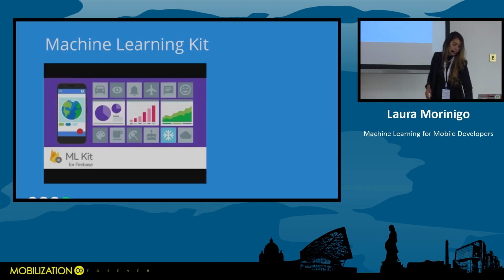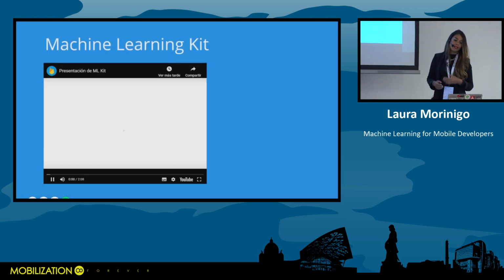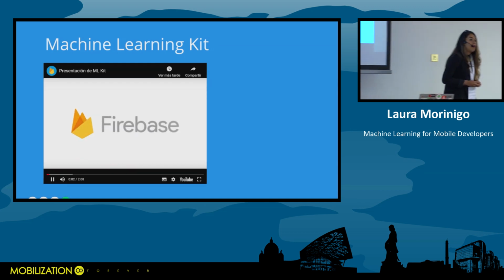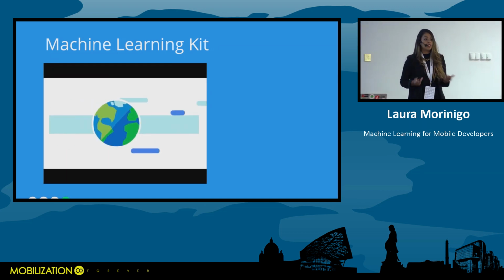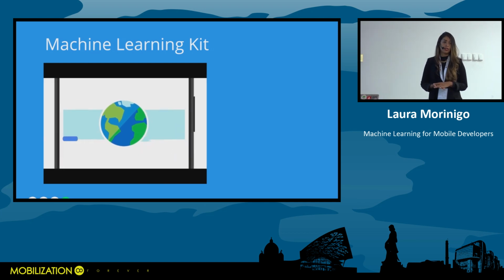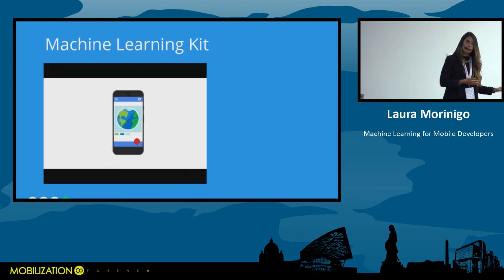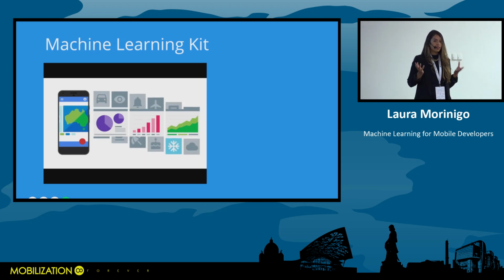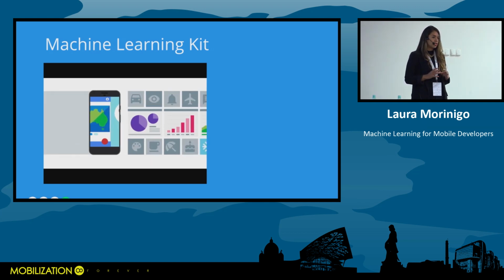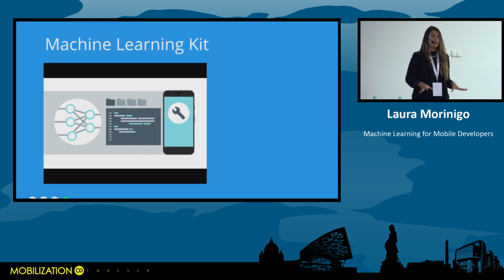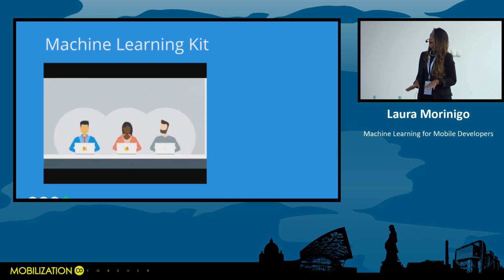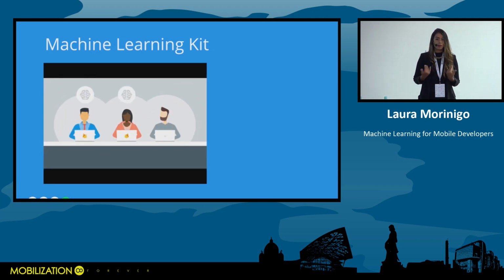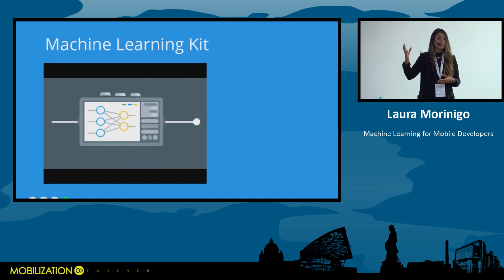So then we have this machine learning kit. Machine learning kit is something new, if you checked the news regarding Google I/O. It was approaching Google I/O, and the idea is to bring machine learning, especially AI, to everybody, to have more people using these tools.